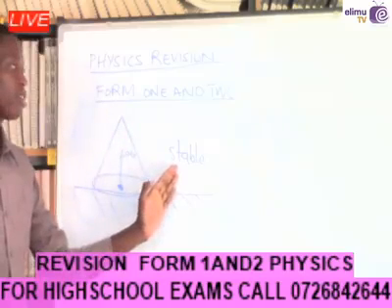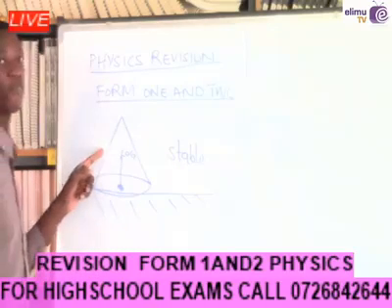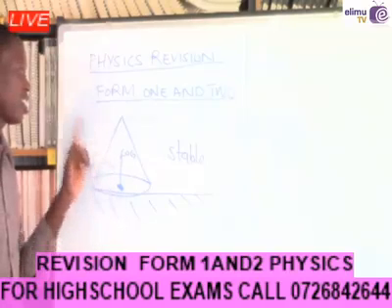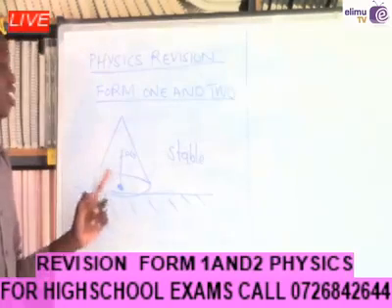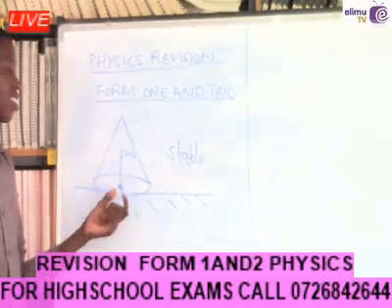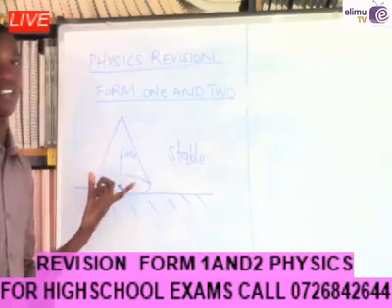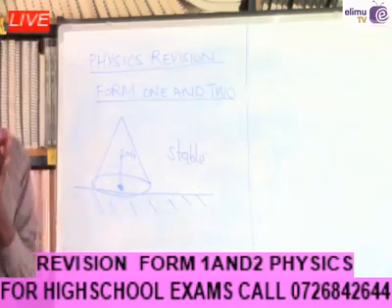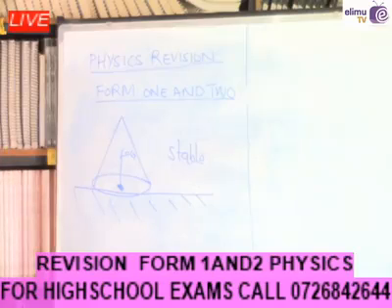Under stable equilibrium, when you apply a small force on the body, it still remains stable. It remains stable because the COG is lowered and the area of the base is wide. Therefore, any force applied does not change the position of the center of gravity.